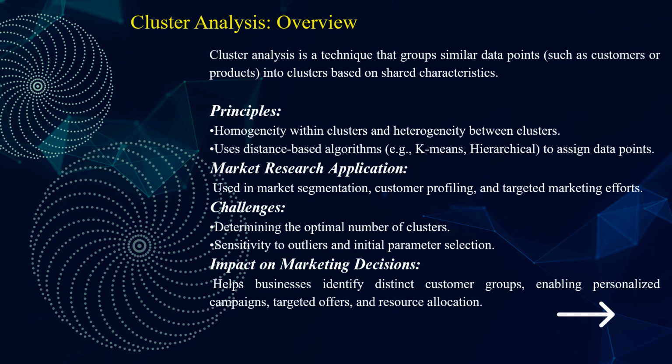The final step is evaluating the quality of clusters. Marketers often use methods like a silhouette score or the elbow method to determine when they have selected the right number of clusters.